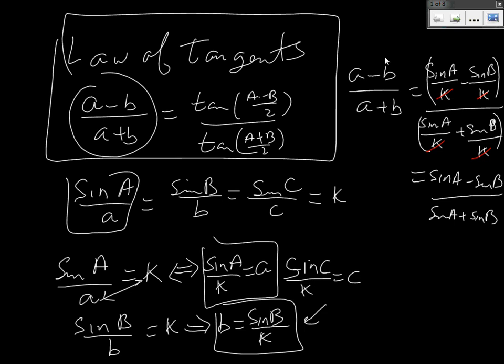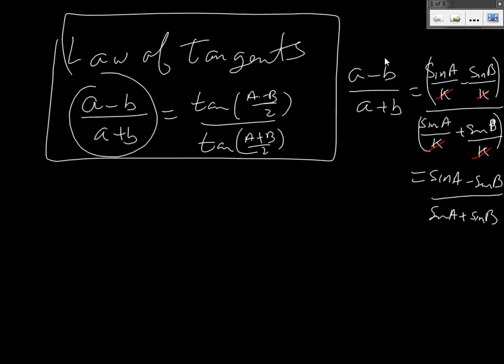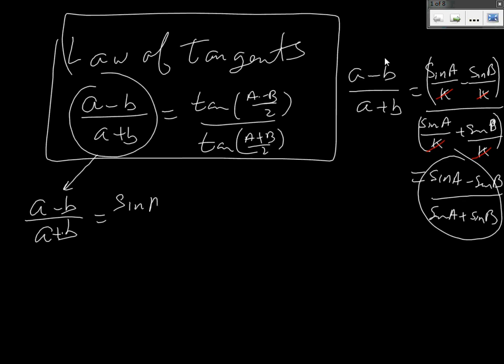So let us get rid of a lot of this stuff. So the left side, (a minus b) over (a plus b), is nothing more than this: the sine of A minus the sine of B over the sine of A plus the sine of B. But we have a formula that goes from the sum and difference of sines to a product.